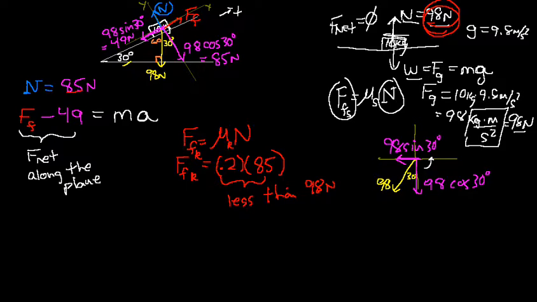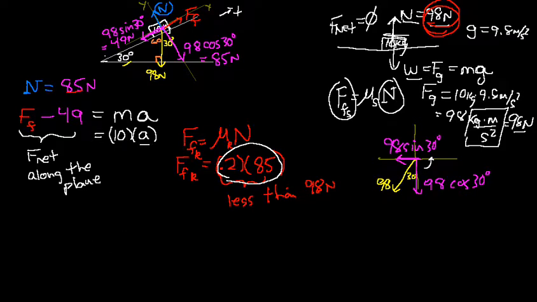It's going to be a little larger than the force of friction. And if we subtract those two, we're going to get mass times acceleration. The mass is 10 kilograms. There's going to be some acceleration down. We could figure out this force of friction, whatever this number is, and then we could find the acceleration.